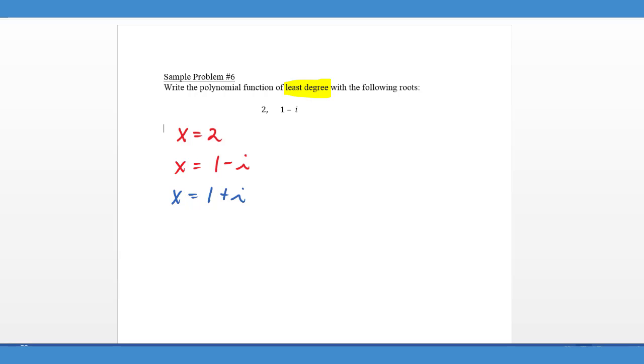Now, if we want to write a polynomial function, we can use the zero product property, but we're going to do it backwards. But first we have to convert these. So I'm going to say x minus 2 equals 0, x minus 1 plus i equals 0, and x minus 1 minus i equals 0.